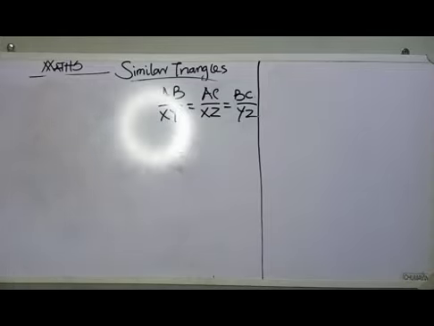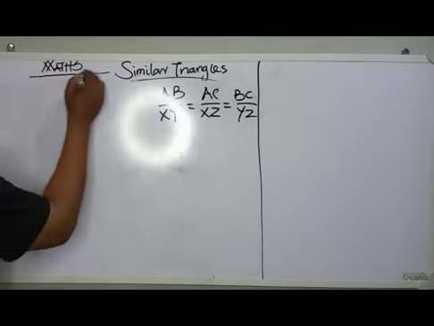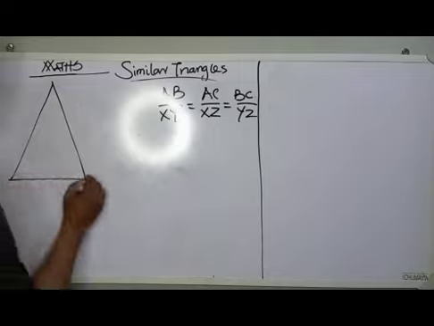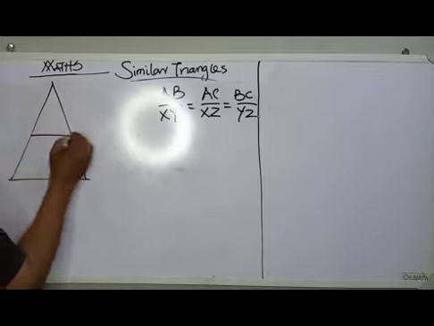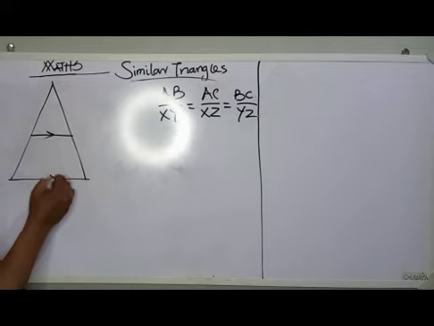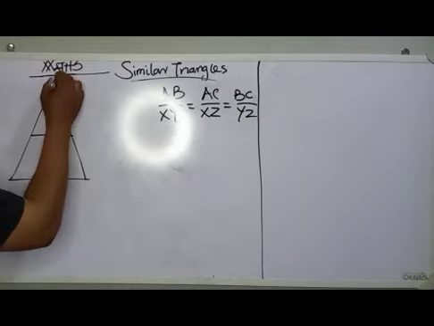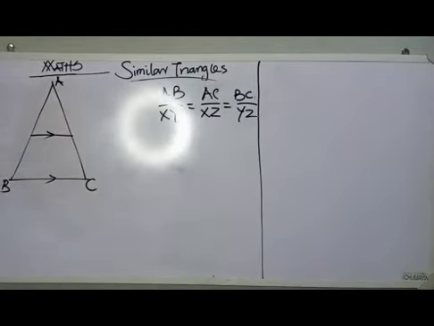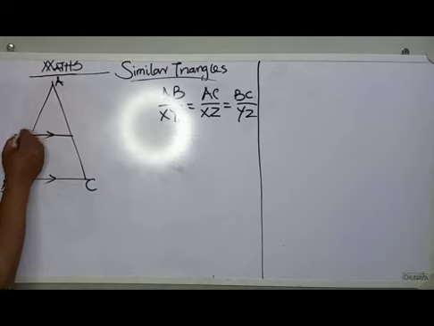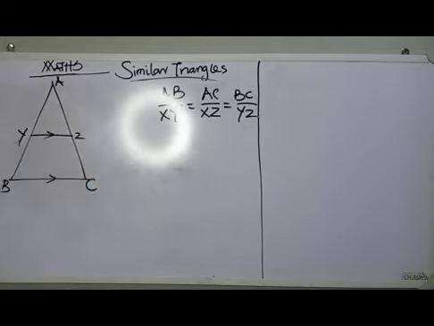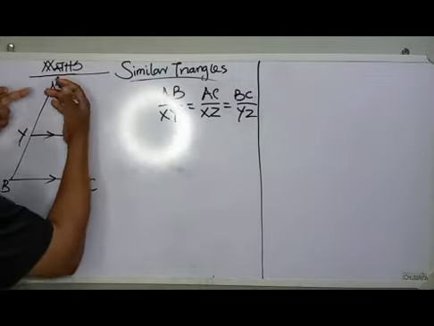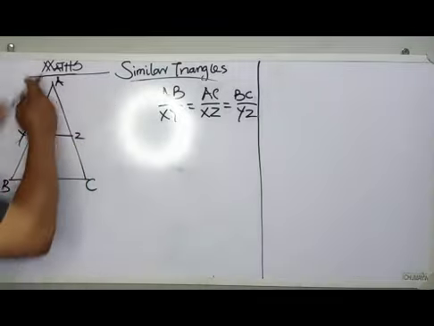So let's say we have this triangle here, and there's a parallel line here to this, and we have A, B, C. Then we have Y, Z. All right, so these are two triangles, one smaller triangle embedded inside the larger triangle.